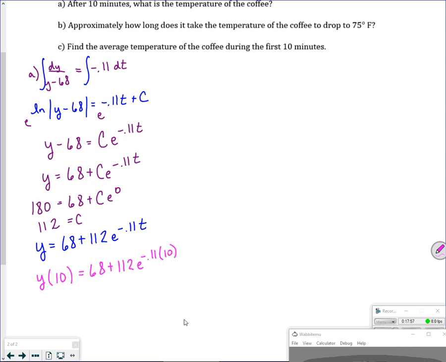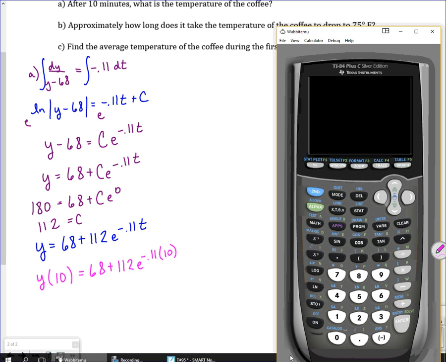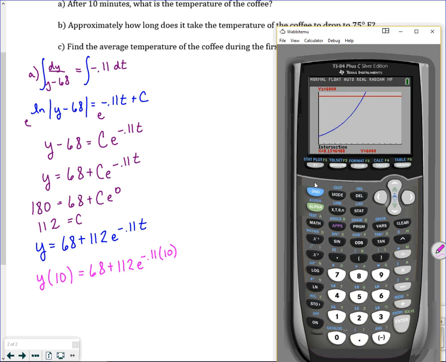And I certainly am going to do that on the calculator. I'm going to go ahead and put my equation in y1 because I have part A, B, and C, so my guess is I'm going to use this equation several times. So let me go ahead and just get it in there. 68 plus 112 e to the, what was it, negative 0.11 x. There we go. So once I have that in there on the calculator, I can just hit alpha, evaluate y1 at 10.